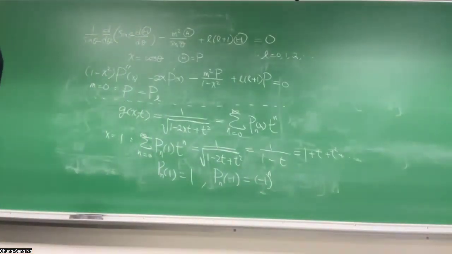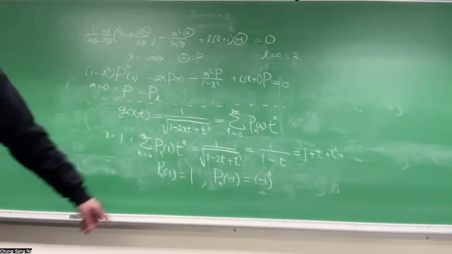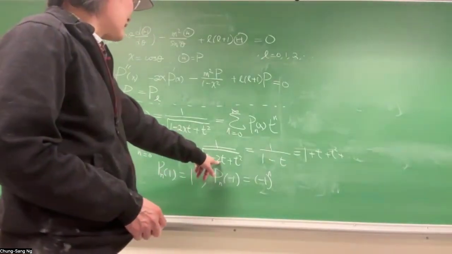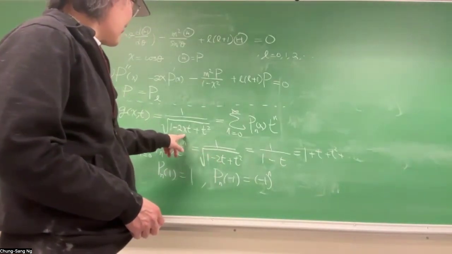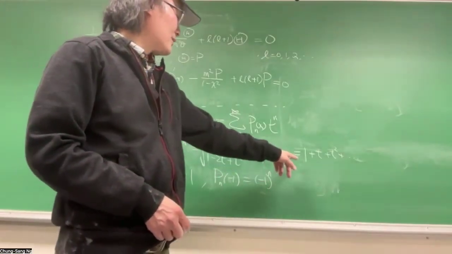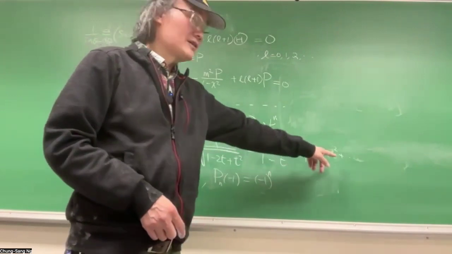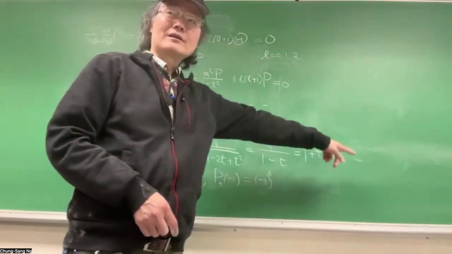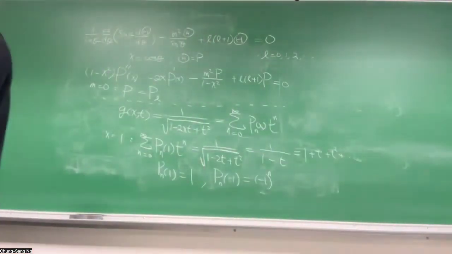So that is also straightforward. You can also use this expansion: because x is -1, this becomes plus, and this becomes an alternating series, 1 minus plus, so that is another way to do it, right?